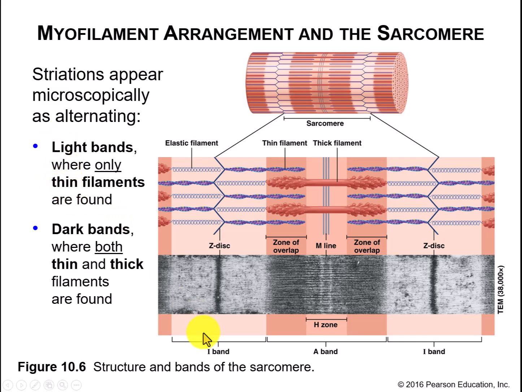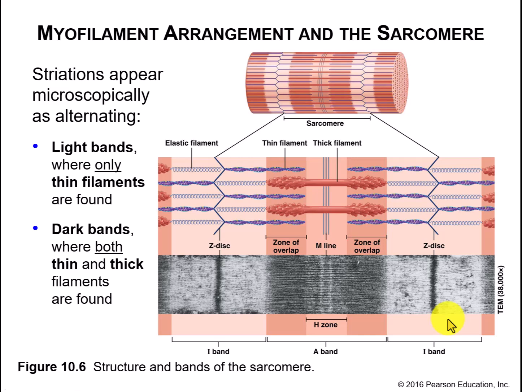Dark bands are where both thin and thick filaments exist. Dark band, A band, so A band, dark, A. We have these alternating I bands, A bands, light bands, dark bands, and that is what gives skeletal and cardiac muscle their striations.